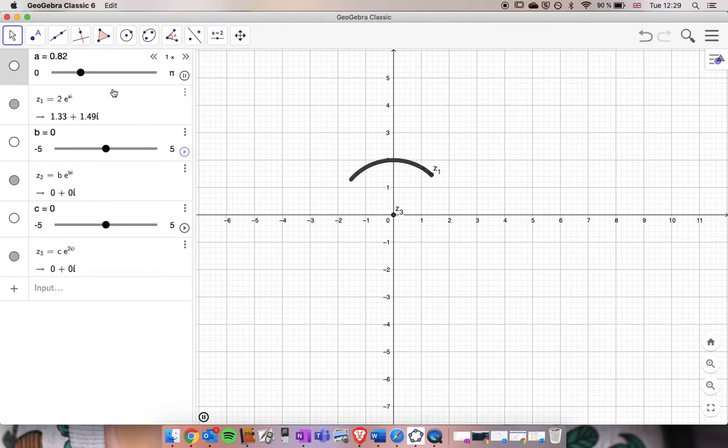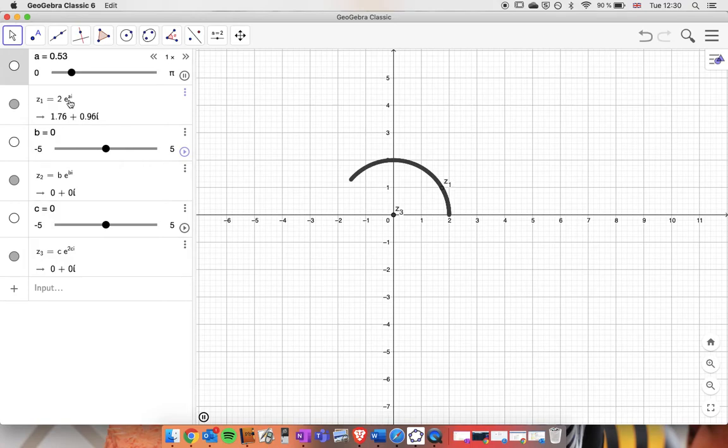And we can see as it goes from 0 to pi, hopefully as we'd expect, as it's the argument that is changing, we are marking out a semicircle. The modulus is staying the same, so the radius of this semicircle is 2, but the argument is changing. Obviously, if we increased our domain up to 2 pi, we get a full circle.